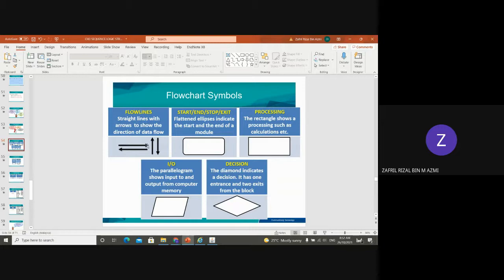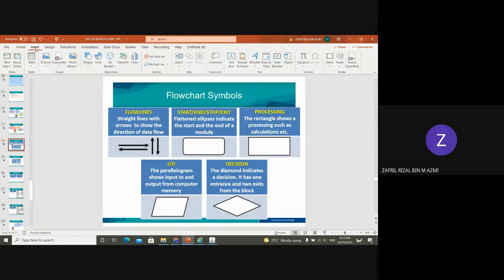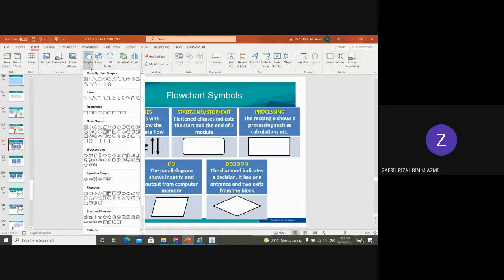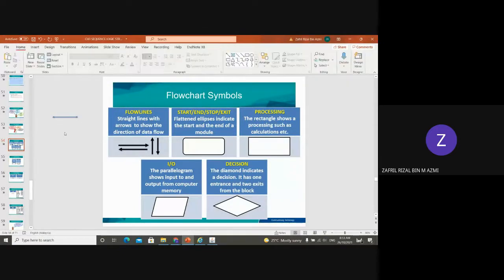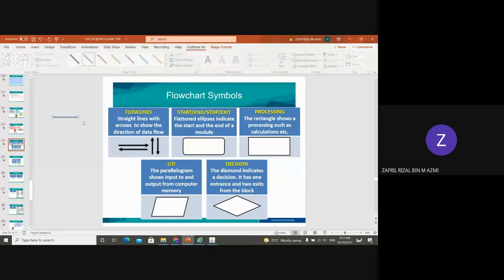For example, over here there is an arrow, over here another arrow. This one cannot be a two-head arrow, because in the flowchart we must know the direction of the flow, either to the right, to the left, up or down. Cannot be both. So most of the time this is wrong.